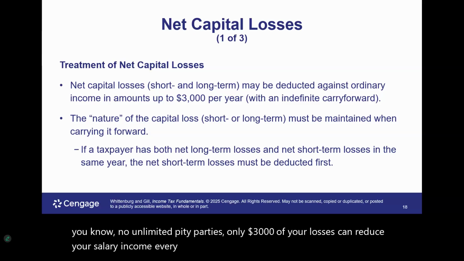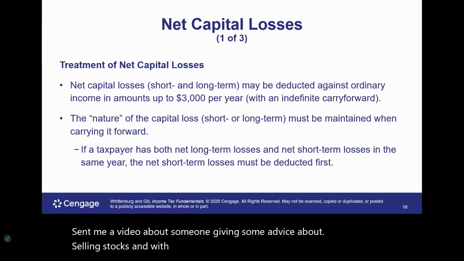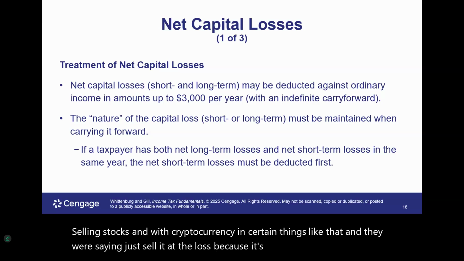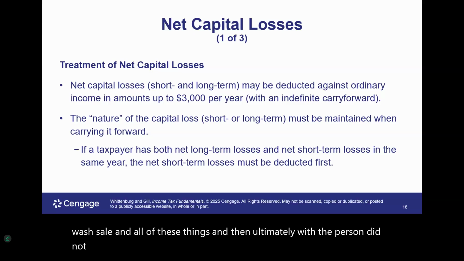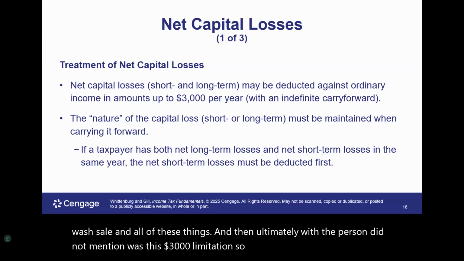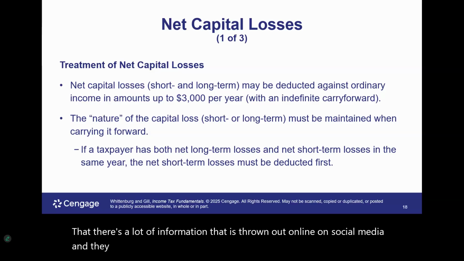I'll never forget, someone sent me a video of someone giving advice about selling stocks and cryptocurrency and certain things like that, and they were saying, just sell it at a loss because it's not treated the way with wash sale and all of these things. And then ultimately, what the person did not mention was this $3,000 limitation. Unfortunately, there's a lot of information thrown out online on social media, and they only tell you one part. They don't tell you the other part.